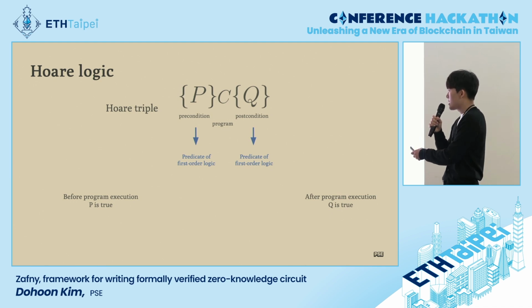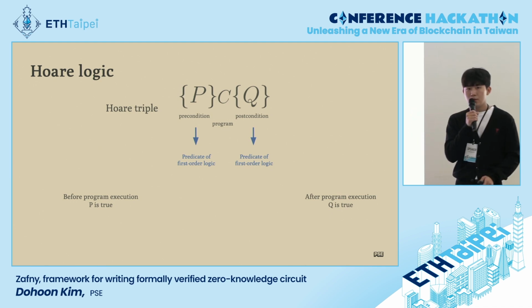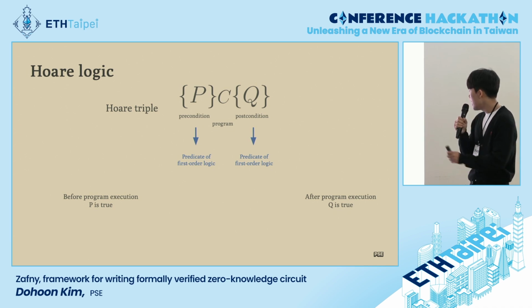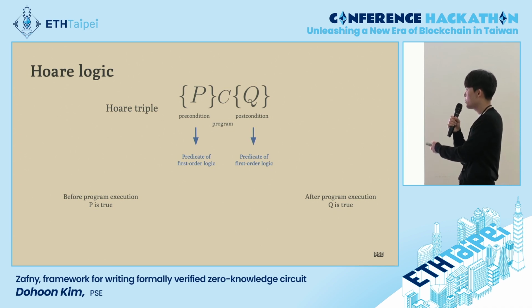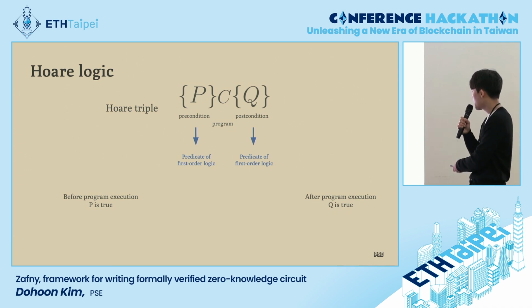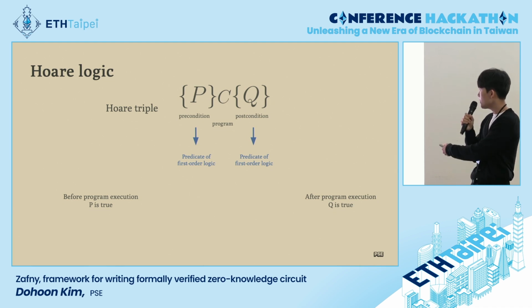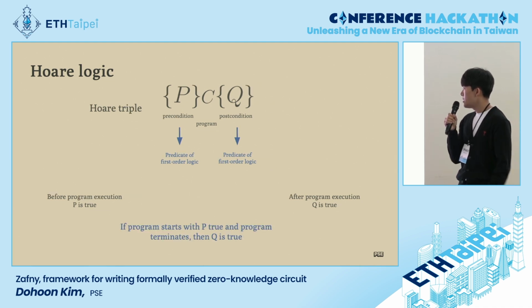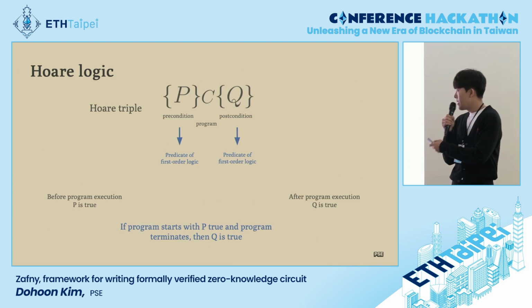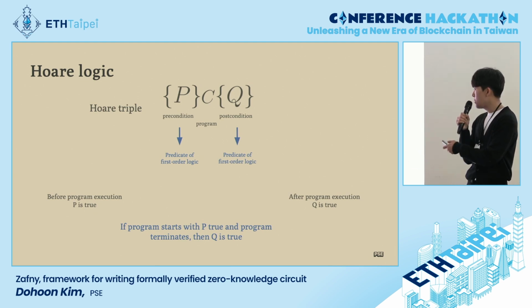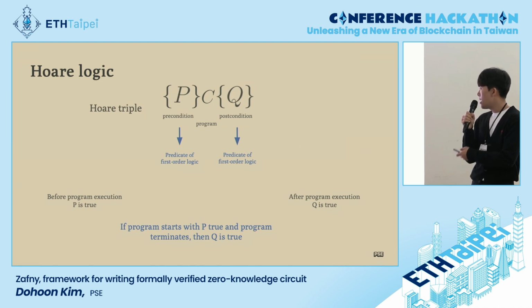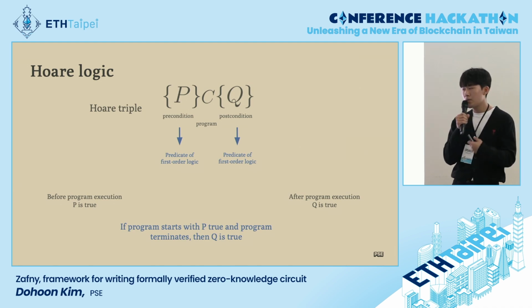What they state is that before program execution, the predicate P is true, and after program execution, the predicate Q is true. Collectively they say that if the program starts with predicate P true, and the program executes and terminates, then predicate Q becomes true.